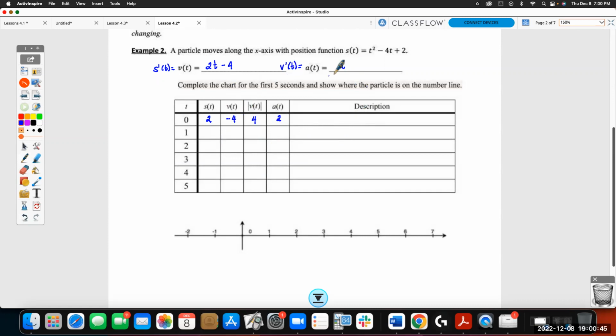So at t equals 1, you can use your calculator. At t equals 1, the position is -1, and the velocity, if t is equal to 1, is equal to -2. The absolute value of the velocity is +2.